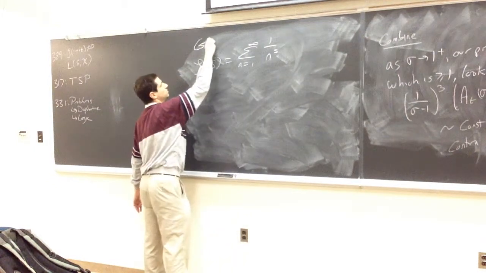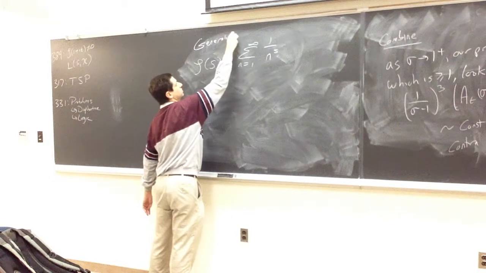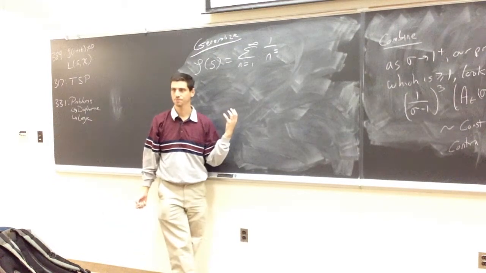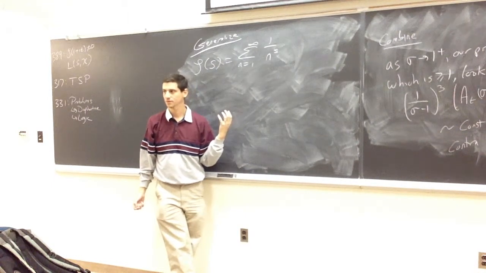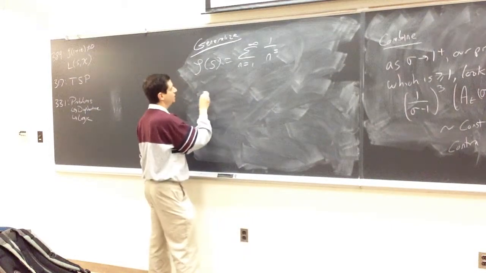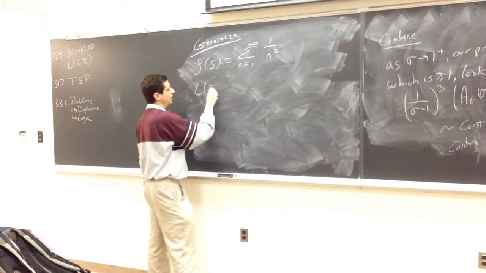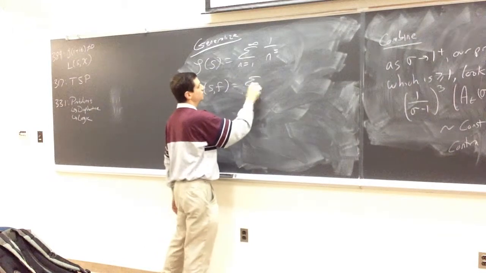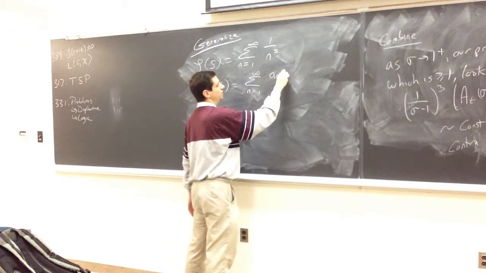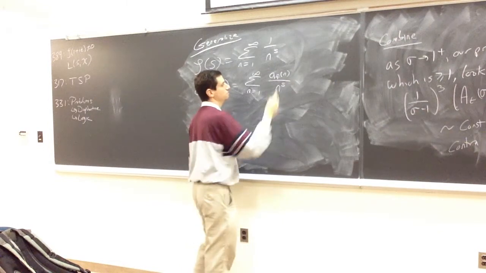So let's generalize. Can somebody tell me a way we could generalize this? Having an arithmetic sequence in the numerator. So one thing is to say, well, you know what? What we really have is L_f(s), the sum, n goes from 1 to infinity, of a_f(n) over n to the s.